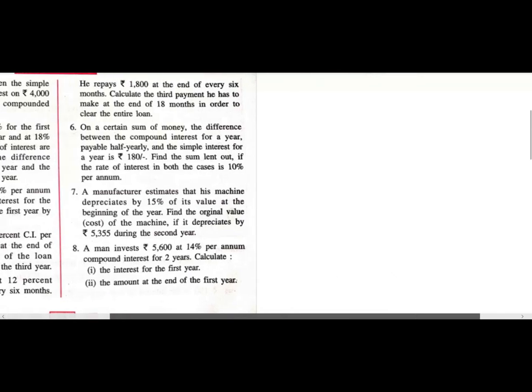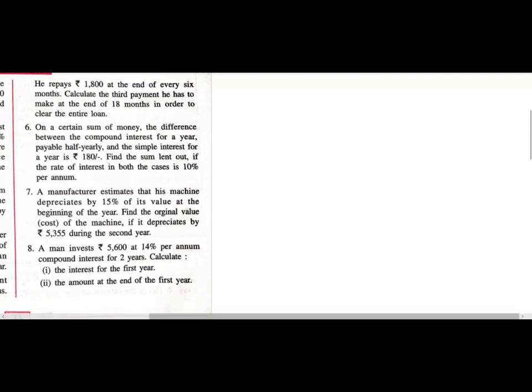Let's do this. Okay, so this is the third question. They are saying that I2 minus I1 is equal to rupees 96. The rate is 8% per annum.